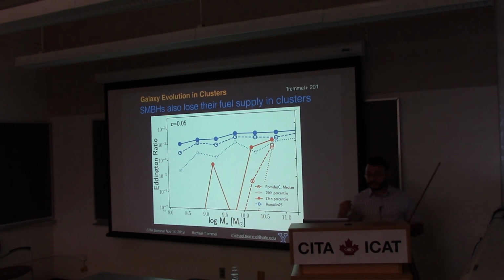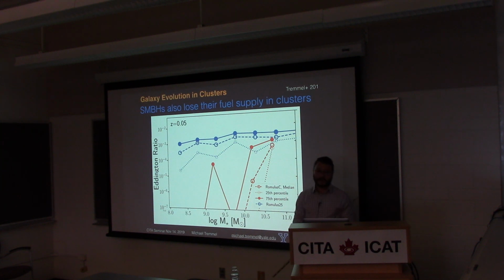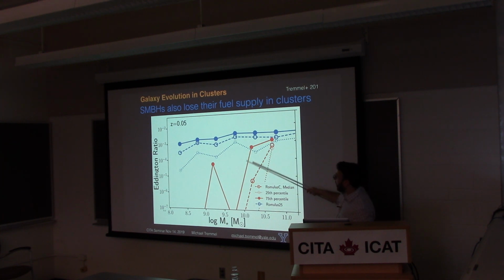So you have significant quenching of black hole activity that gets a bit harder to see the difference of if you go to the highest mass galaxies with the highest mass black holes. They're not as different, but still you have a much larger population of almost completely dead black holes in these cluster member galaxies.